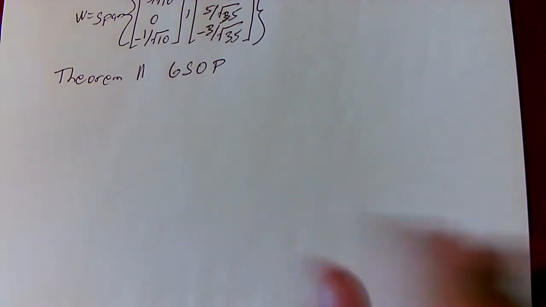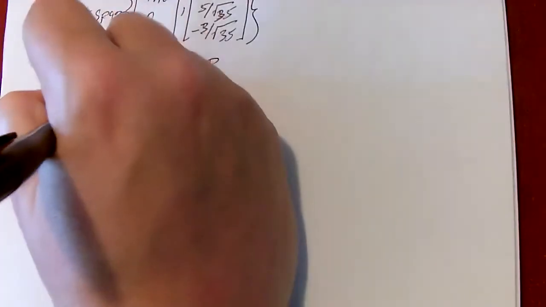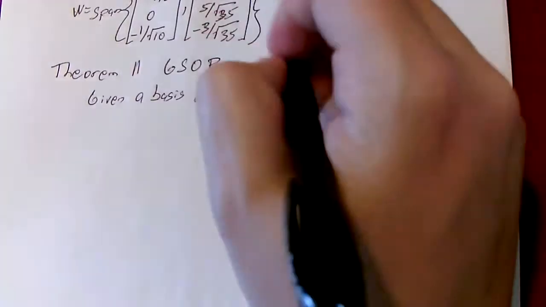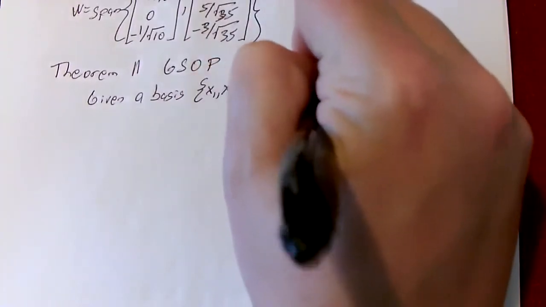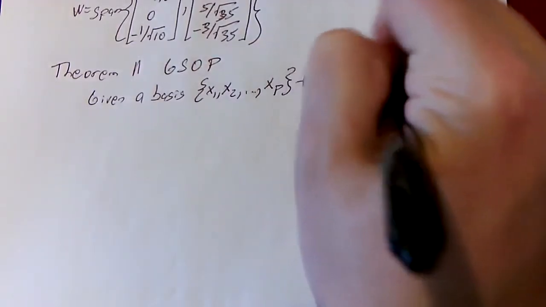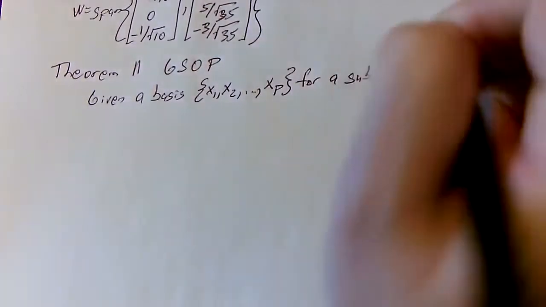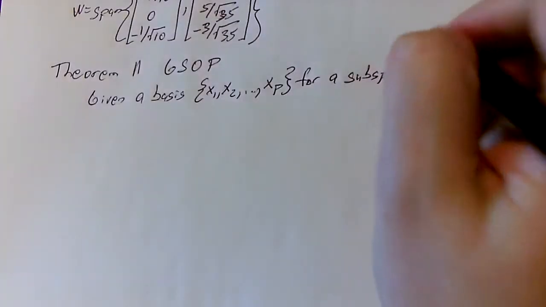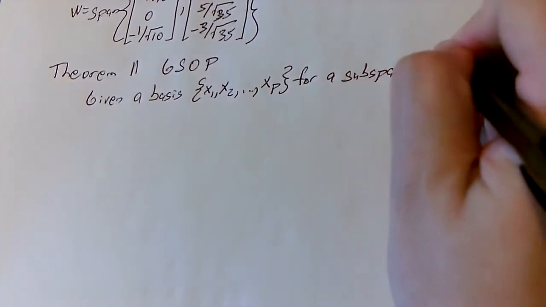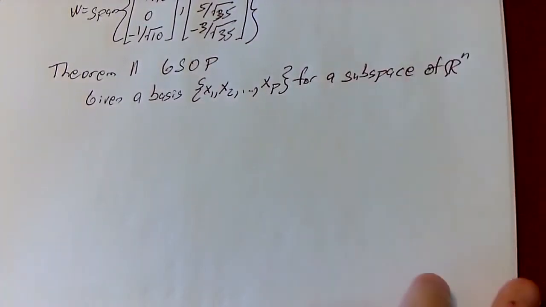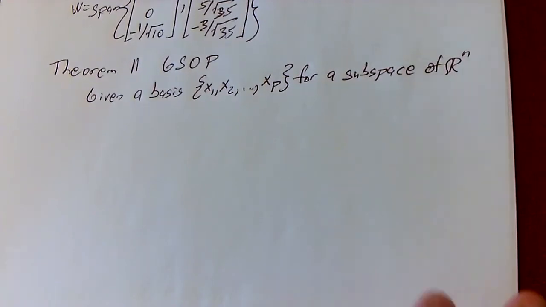Okay, so given a basis x1, x2, all the way out to xp for a subspace of Rn. Okay, so I have a subspace of Rn.